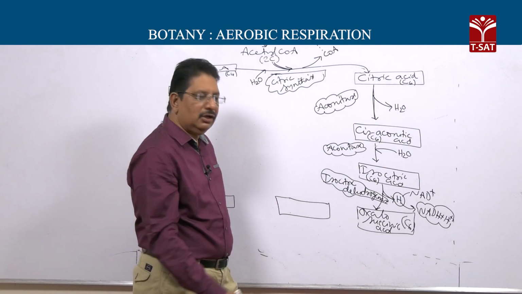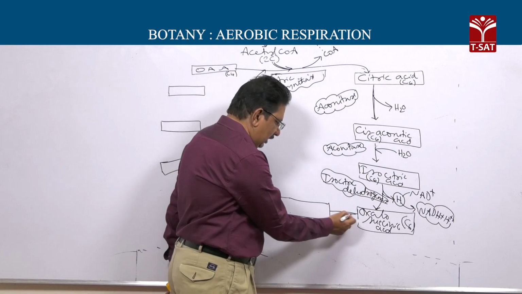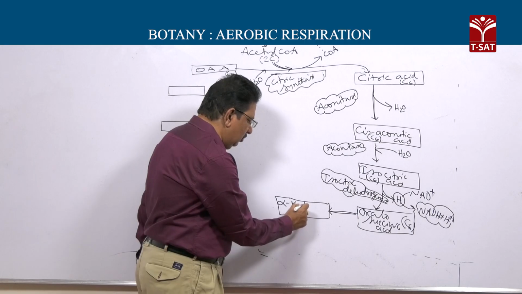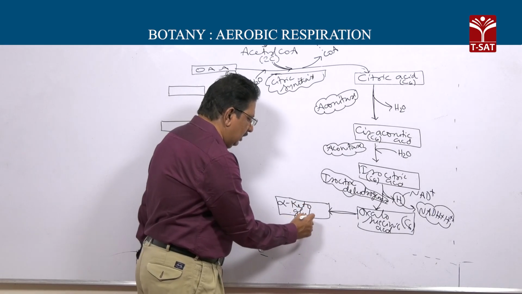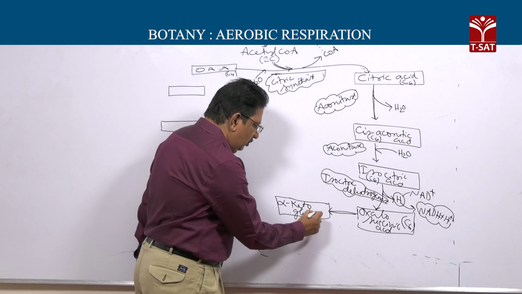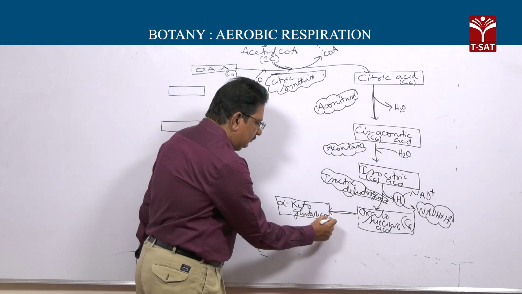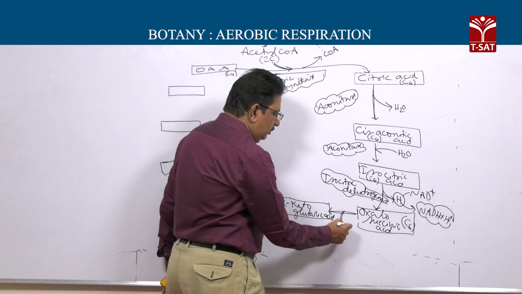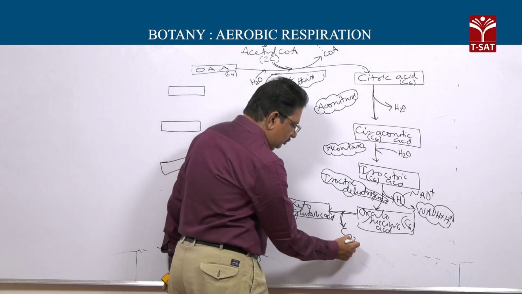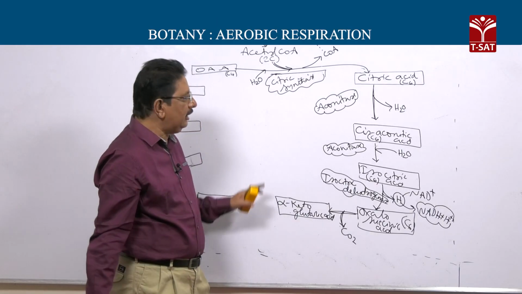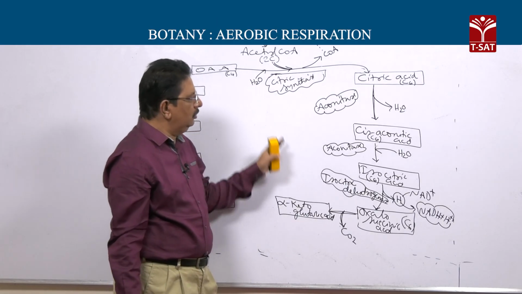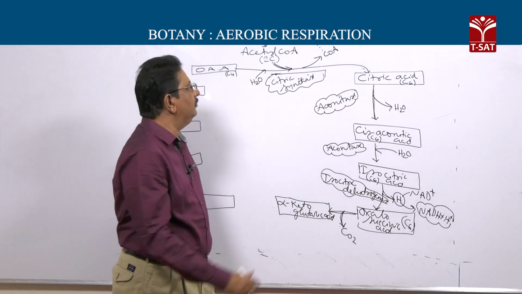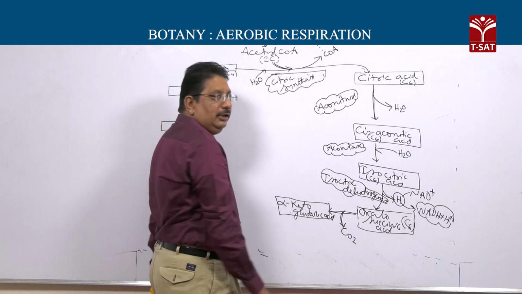And this oxalosuccinic acid converts into alpha-ketoglutaric acid after removal of CO2. So in the Krebs cycle, in the mitochondrial matrix, this is the second time carbon dioxide is liberated.